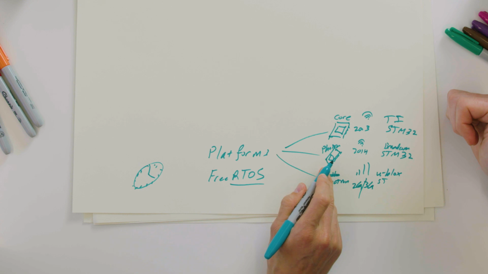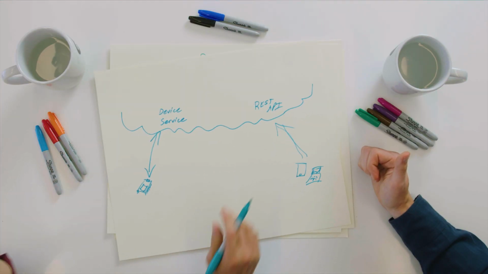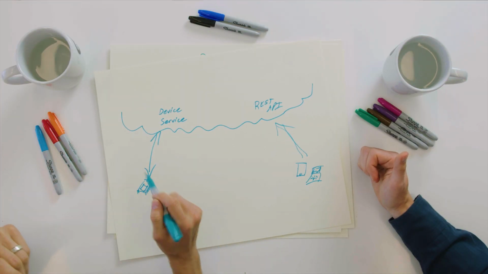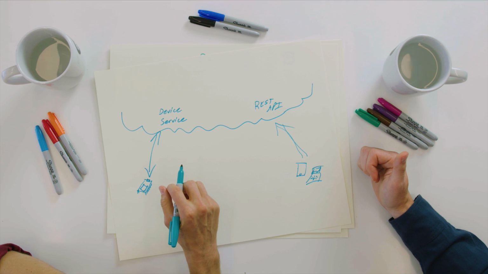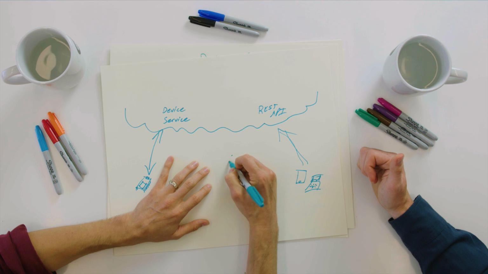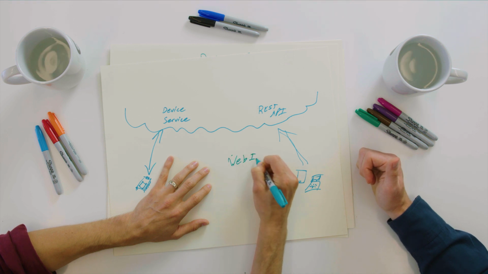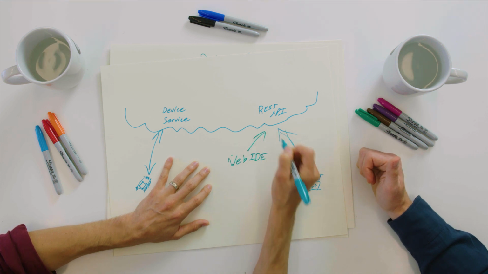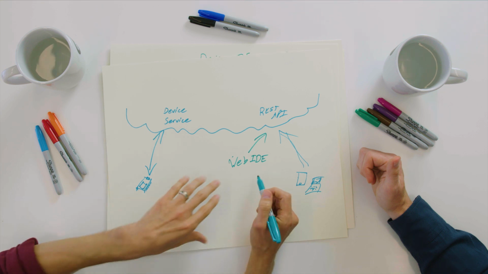People loved our ecosystem of tools. To program one of these things, and this gets back to the question you asked earlier, how do people get into this, dealing with the tiny devices? One of the other services we have, which is essentially a front-end interface to the REST API, is our web IDE. Okay.